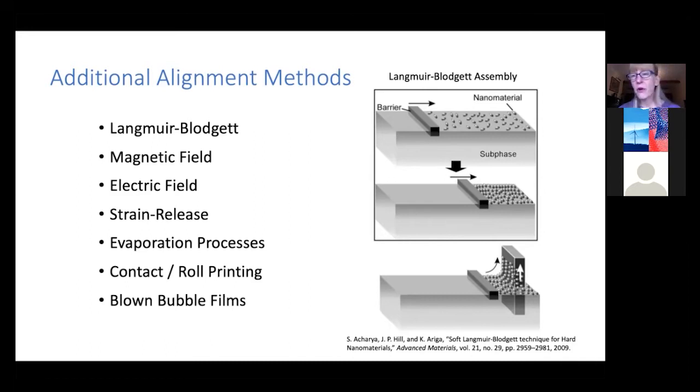Processes that involve evaporation to produce capillary forces and an alignment based on those capillary forces, contact and roll printing, as well as blown bubble films. So this list is not exhaustive, but it's at least a start on the various methods that have been used for aligning small scale structures.